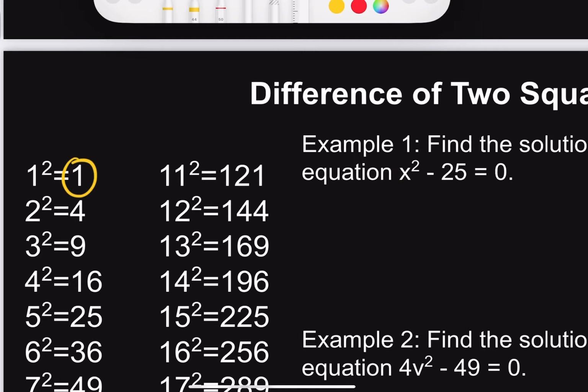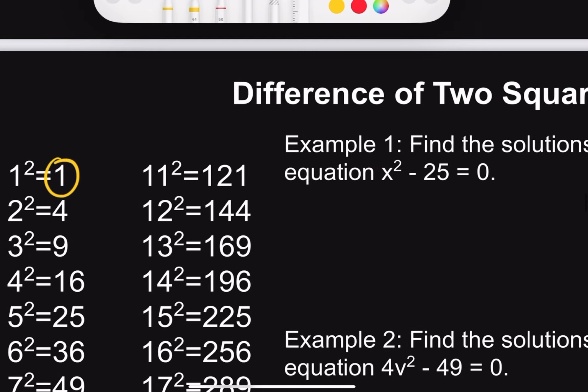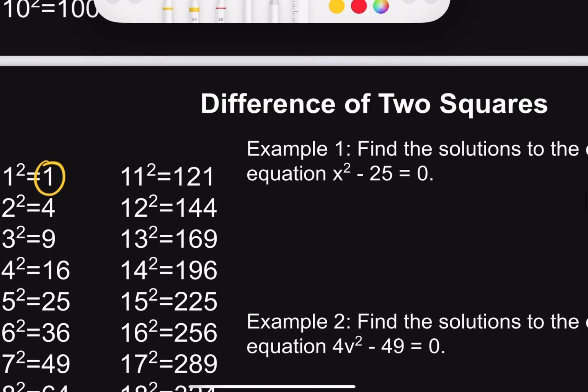So I'm going to erase that, but just remember there's an invisible 1 in front of the x squared. That number is a perfect square. 25 is also a perfect square. 25 is 5 squared. We can factor using the difference of two squares.